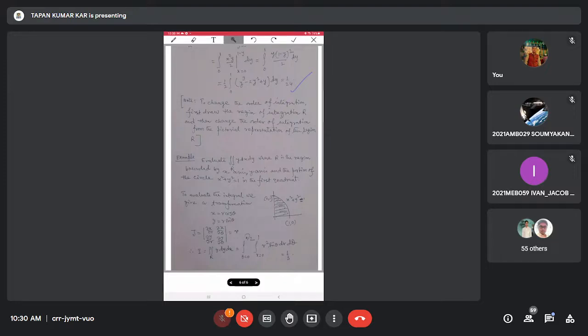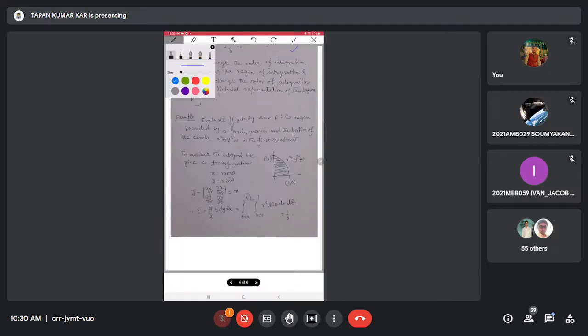Okay, next example is this. Evaluate the integral of y dx dy, where R is the region bounded by the x-axis, the y-axis, and the portion of the circle x square plus y square equal to 1 in the first quadrant.